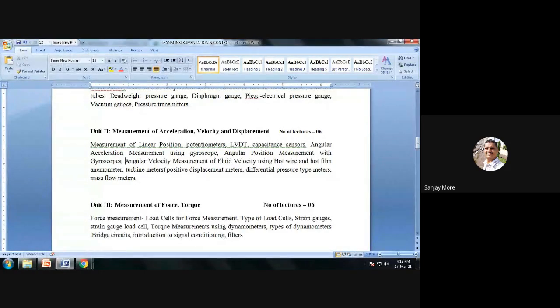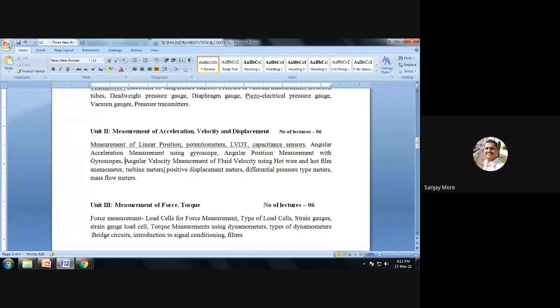Then turbine meters, then positive displacement meters, then differential pressure type meters, and last point is mass flow meters.